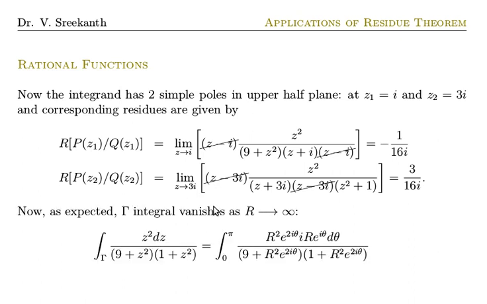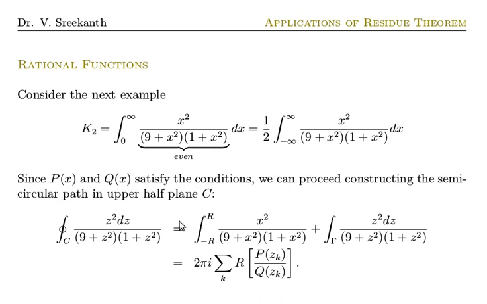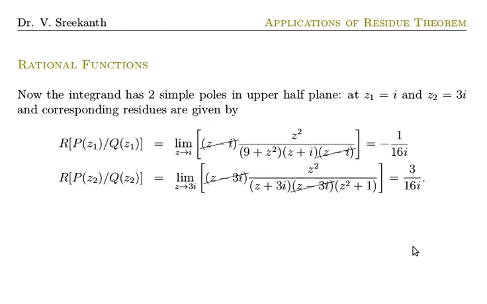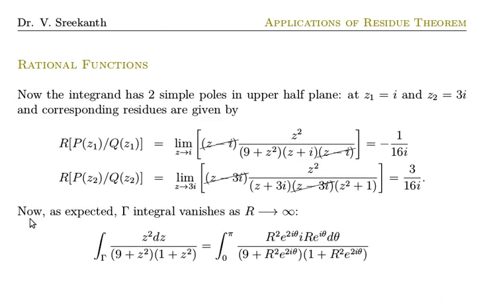So now let us look at the gamma integral that we were looking at. This is the gamma integral. Let us look at what happens to the gamma integral. Now the gamma integral, if you take z square dz by 9 plus z square times 1 plus z square, you can substitute again z equal to r e raised to i theta. So basically you will get all these terms in the numerator and all these terms in the denominator.